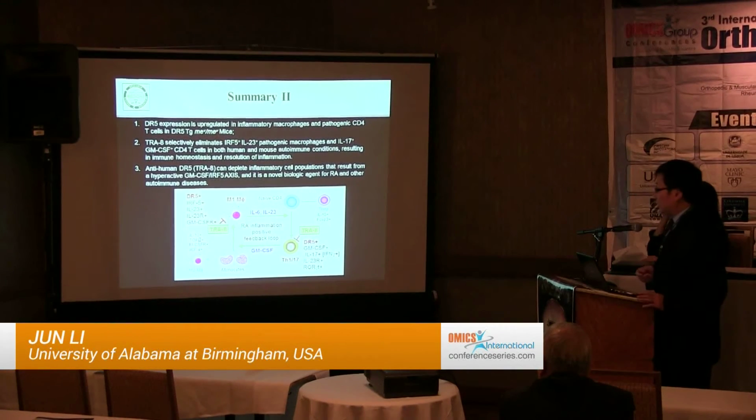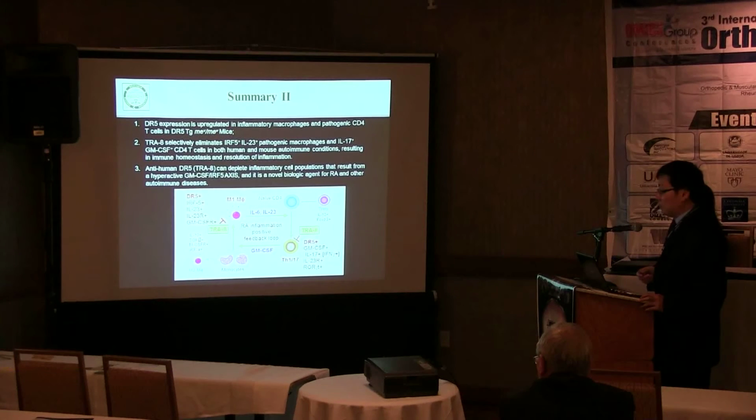Anti-human DR5 Tri-A can deplete inflammation cell population that result from overactivated GM-CSF IRF5 axis, and therefore it's potentially a novel biologic agent for RA and other autoimmune diseases.